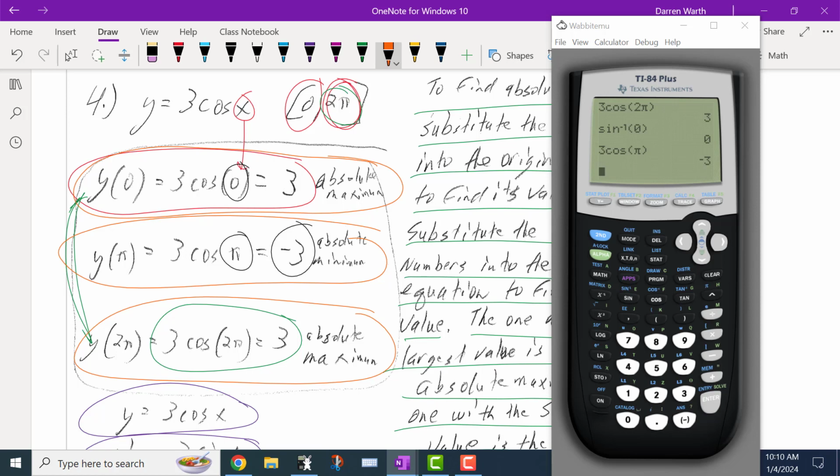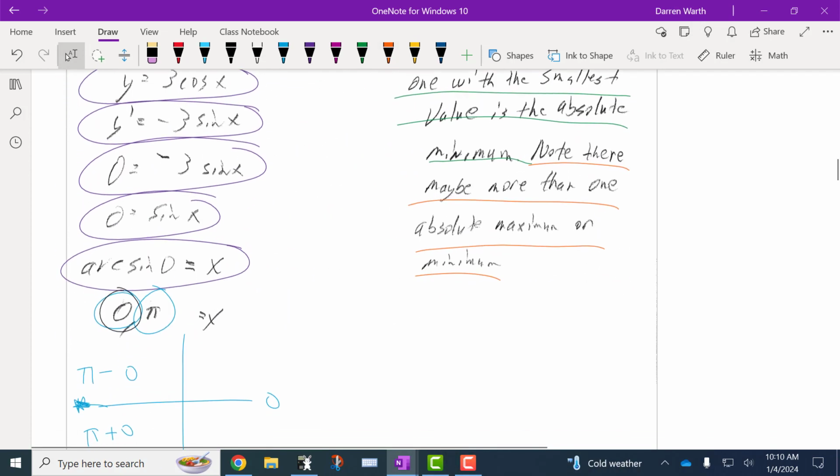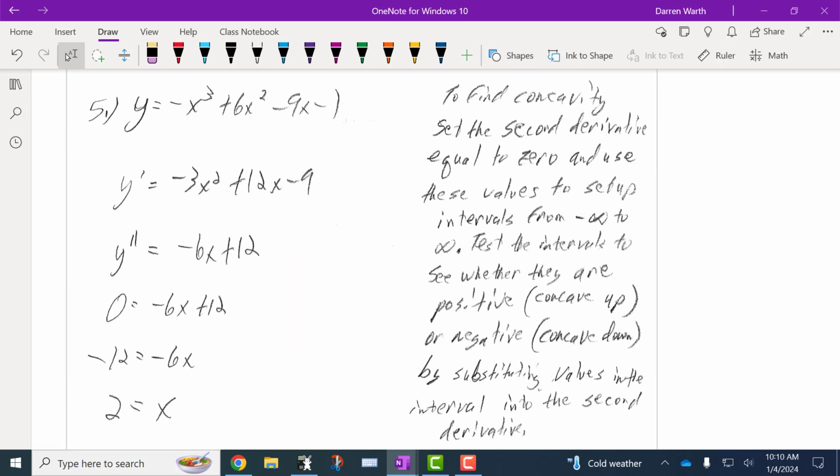Okay, now on number 5, going on to this next problem. Number 5 says that we have y equals negative x cubed plus 6x squared minus 9x minus 1. And the directions say find the intervals in which the graph of the function is concave downward.